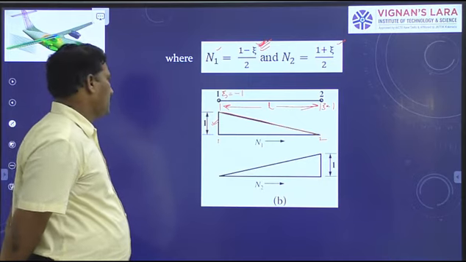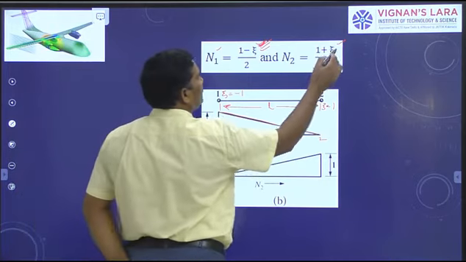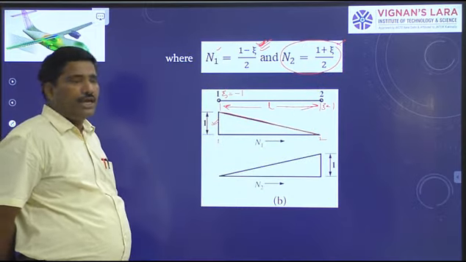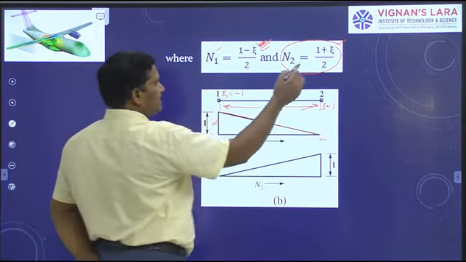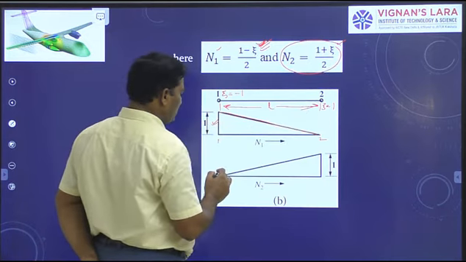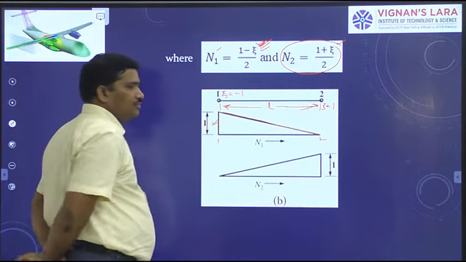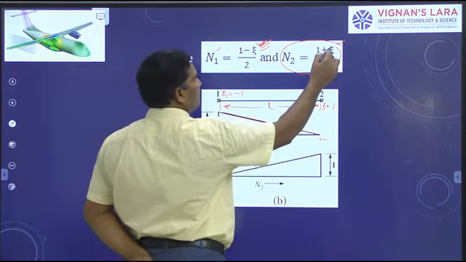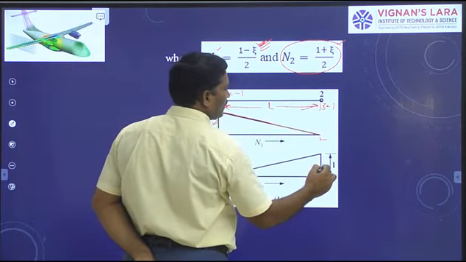Okay, right. Now we take the other shape function n2. At node 1, j equals minus 1. Hence, put j equal to minus 1. Then you get n2 equals 0 at node 1. Next, put j equal to plus 1. Then you get n2 equals 1.